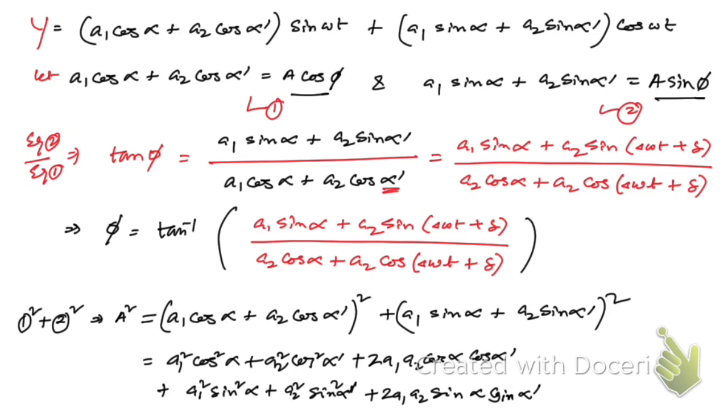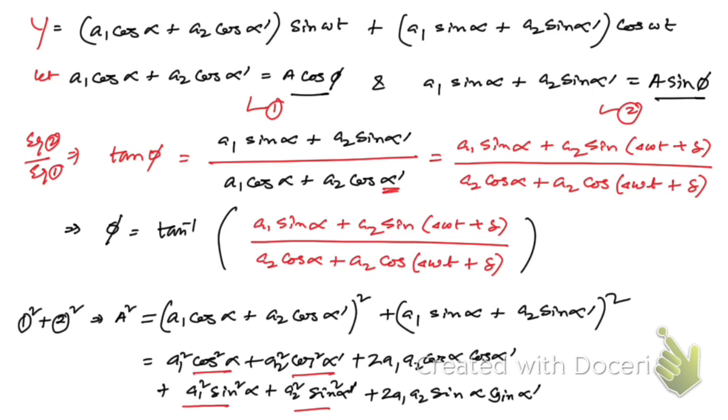If you take a1 square common from these two terms, within the bracket you have sine square alpha plus cos square alpha, which is 1. Similarly, a2 square within the bracket cos square alpha dash plus sine square alpha dash, again 1, so 1 into a2 square is a2 square, and from here 1 into a1 square is a1 square.